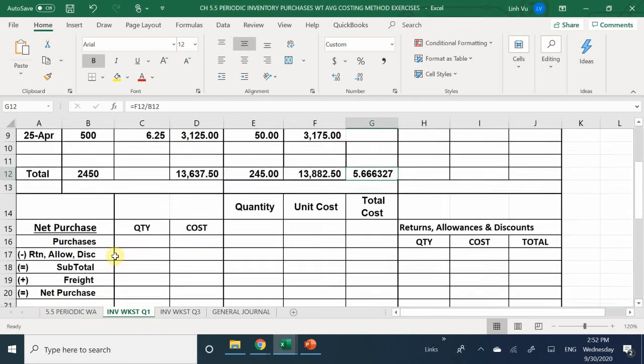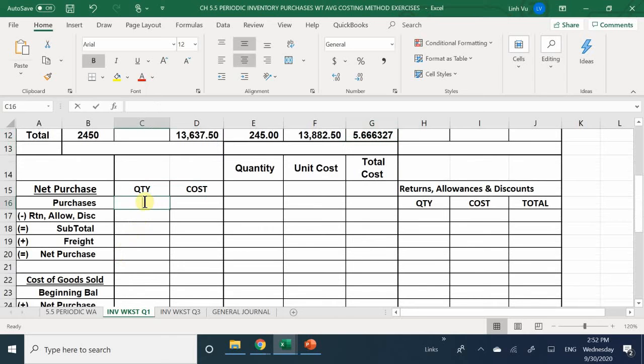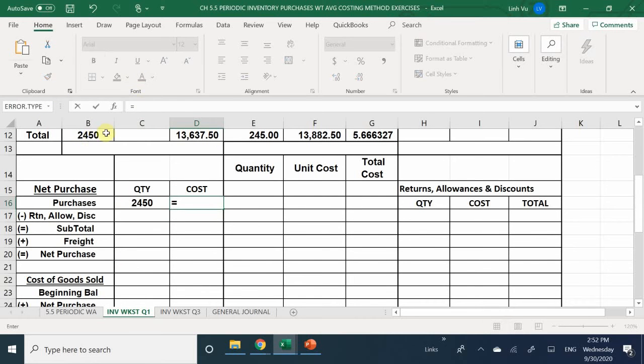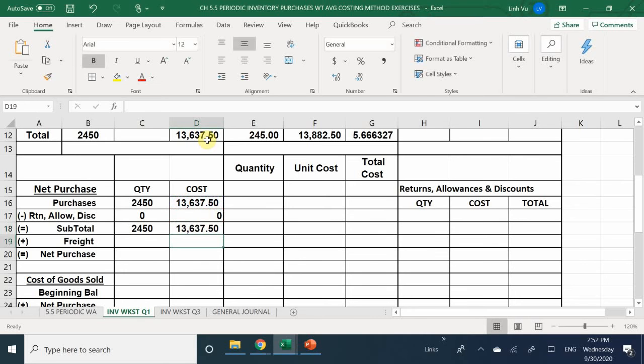Let's plug in our information down here. We bought 2,450 costing $13,700. We have no returns or allowances, so that should not affect my total purchases.